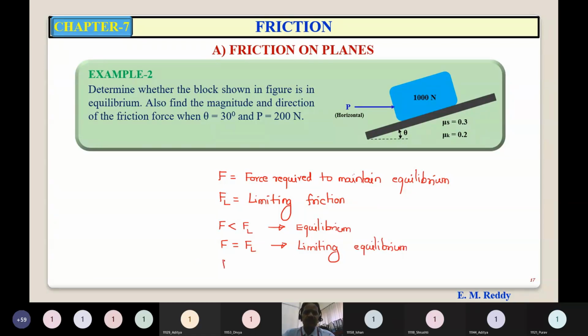And if the force required to maintain equilibrium is greater than the maximum friction or limiting friction, then the body is not in equilibrium.